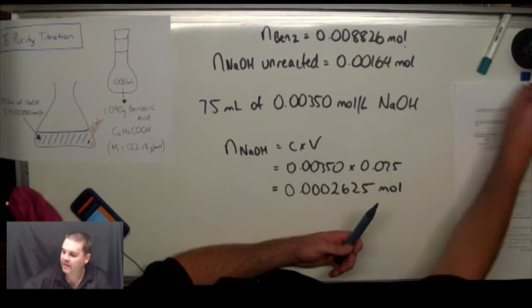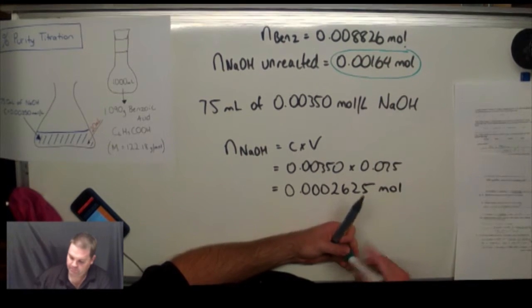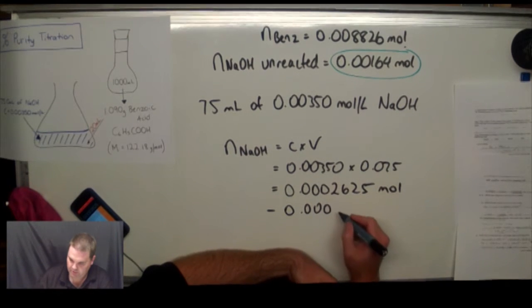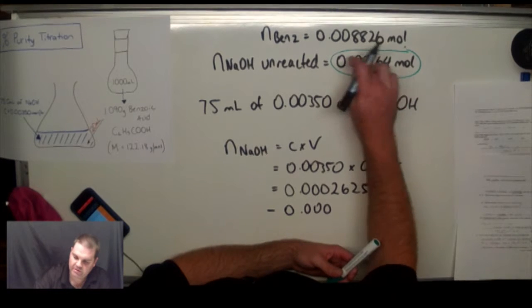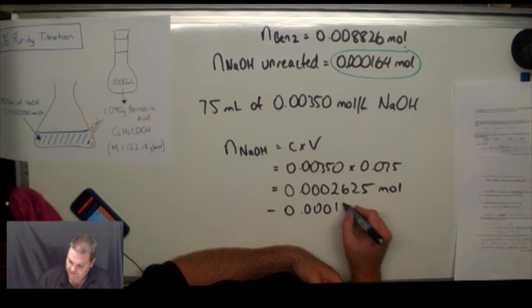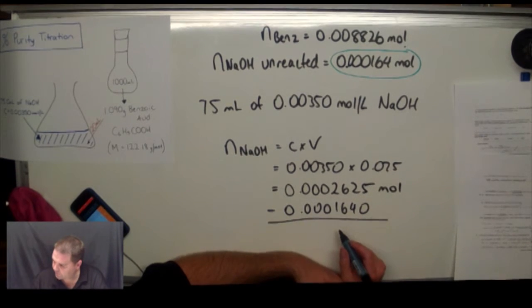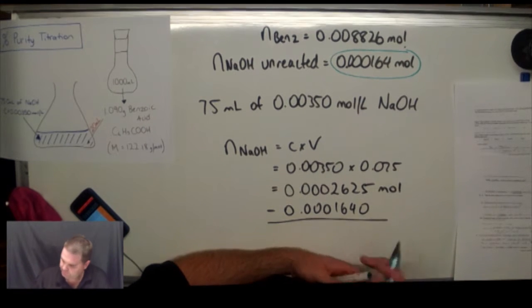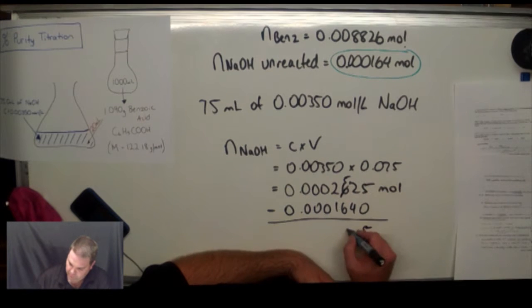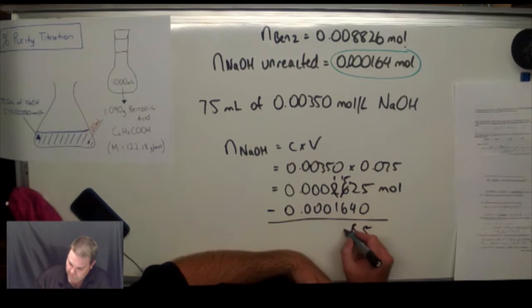We know that up here we had this much that was unreacted. So if we take away 0.000, and I missed a 0 up here, sorry, 0.0001640, if we go through and take that away, we will work out that we had left, 5, 12, 8, 1, 15.